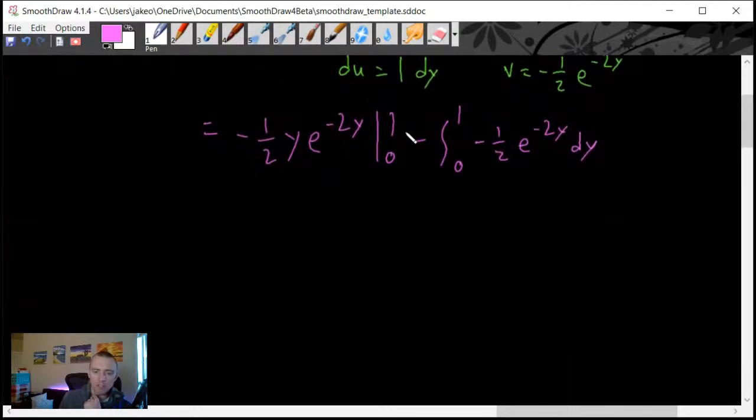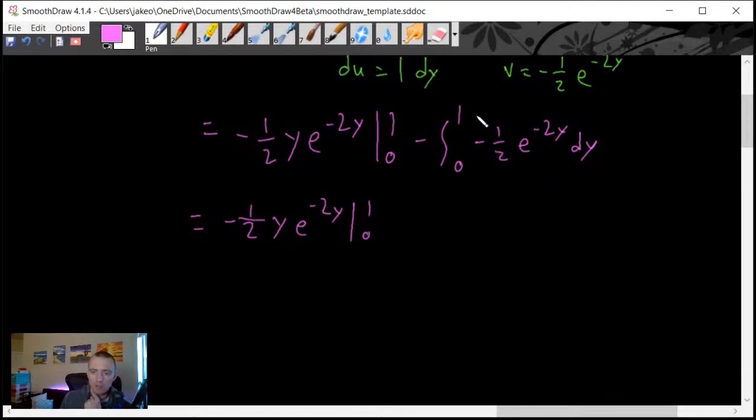Okay, so then let's just leave all this stuff out here. What's outside of the integral we'll just leave alone for now. We'll deal with that in a minute. Then what we can do here, let's just kind of simplify this integral here. First of all, we have a constant which we can pull out.